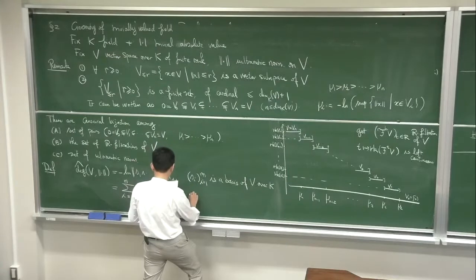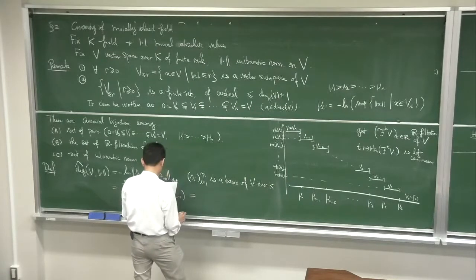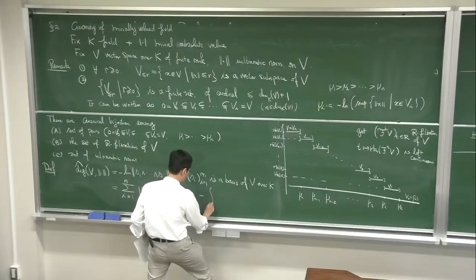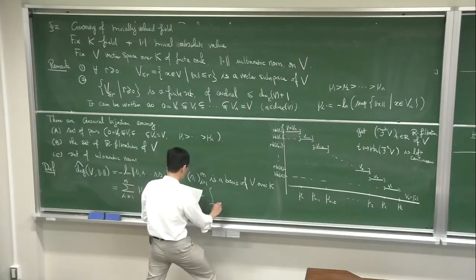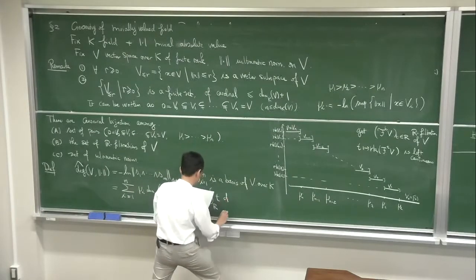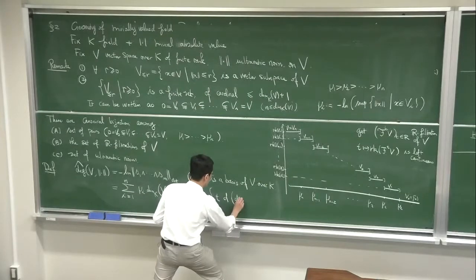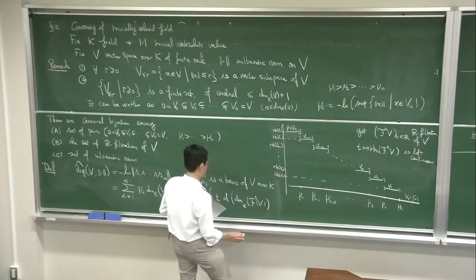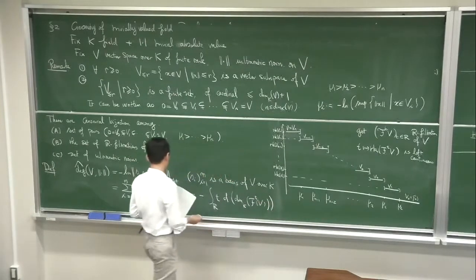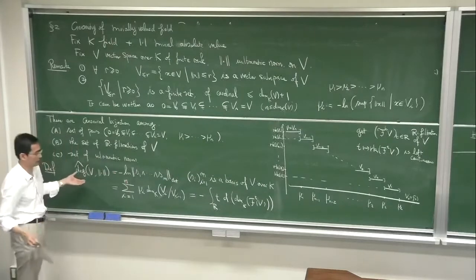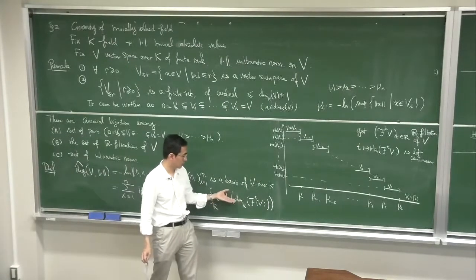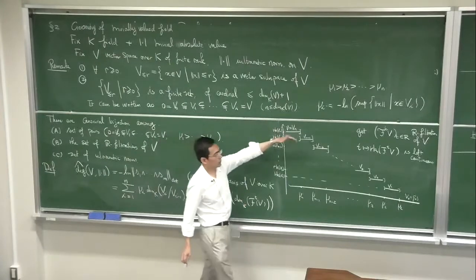So if you are familiar with distributions, you'll find that this is just a minus integral over R of t times d of the function dimension over K of F^t V. So in some sense it's a fancy way to compute such an Arakelov degree: the integral of t with respect to such a distribution.